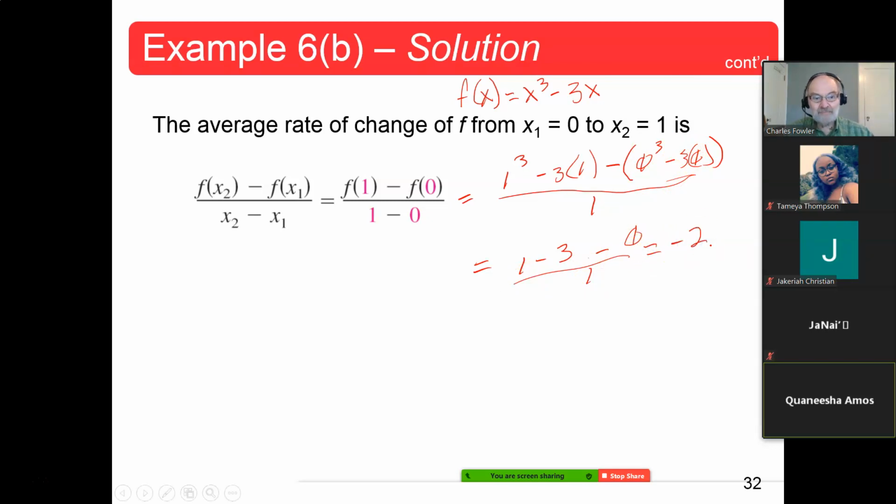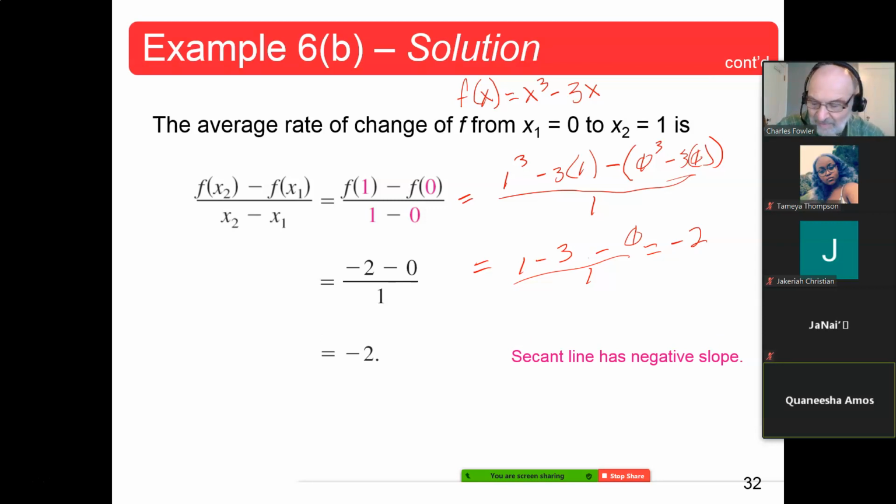Now, -2 minus 0 over 1 is -2. The secant line there has a slope of -2.